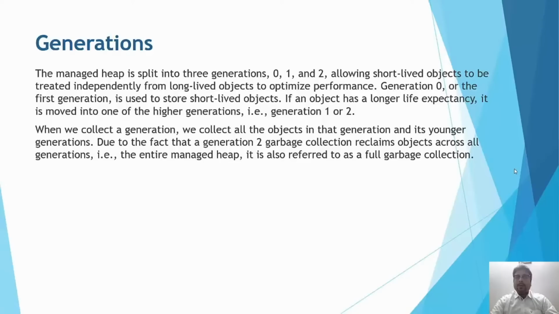The garbage collector works less frequently in the higher generations and more frequently in the lower generations. So it works more frequently in generation 0 compared to generation 2. That is why objects created in generation 0 are cleaned up much more often than objects residing in generation 2.